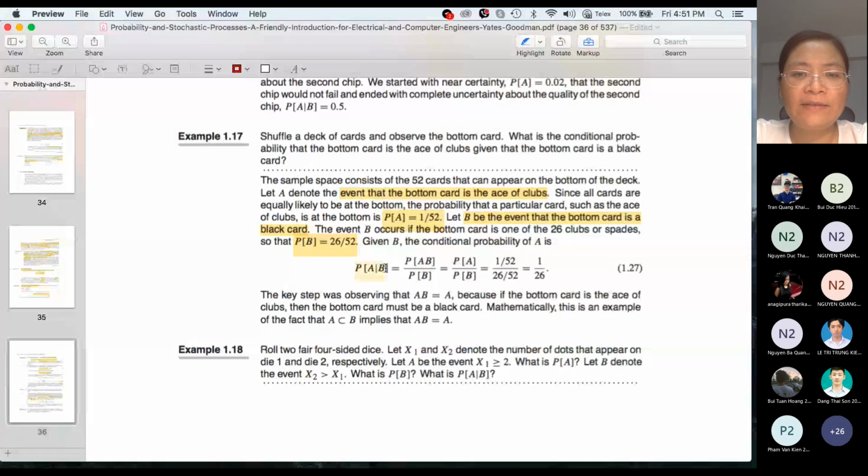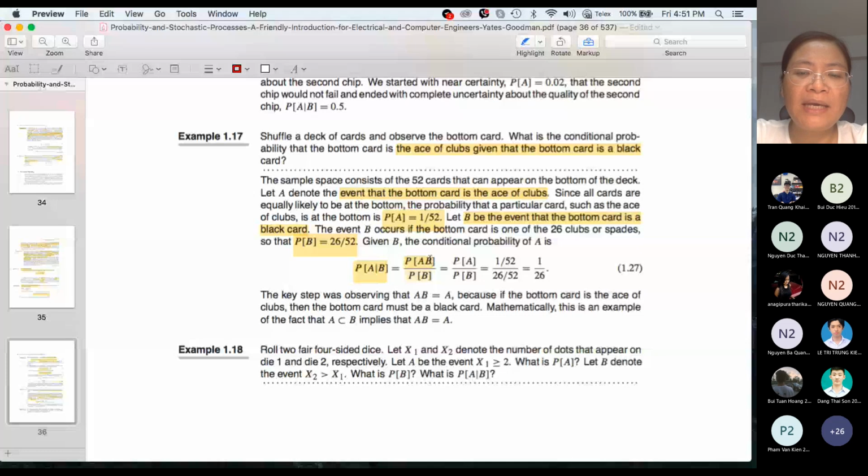And A given B: the bottom card is the ace of clubs given the bottom card is black. A given B equals probability of AB over probability of B. Here is the definition.